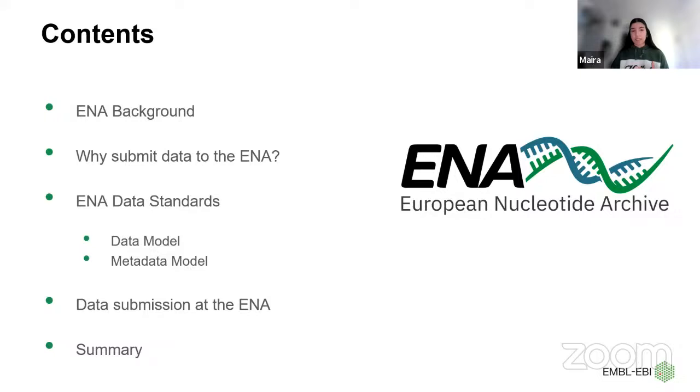So we structure our data using two main models. We have the data model and the metadata model. And then we'll dive into data submission at the ENA, and I'll have a Q&A session, and then we can move on to a short practice session where you will have a chance to submit some data yourself.